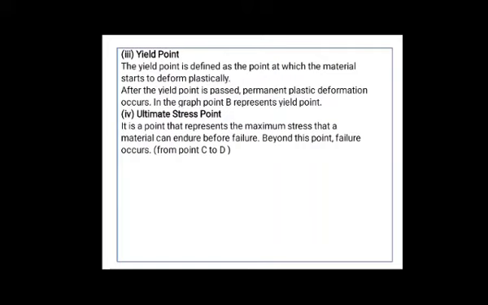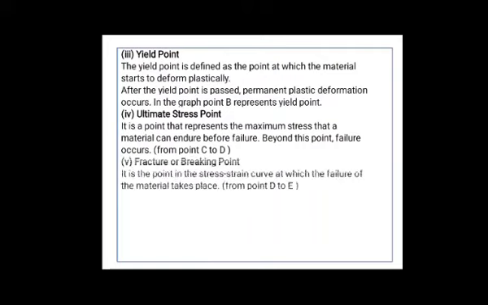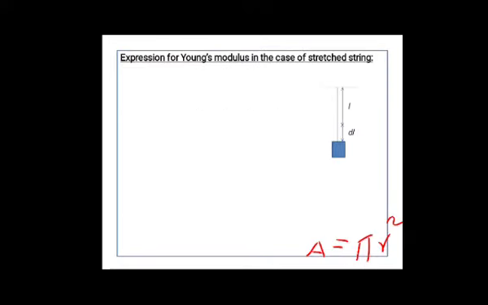Beyond this point, failure occurs, that is from point C to D. Then the fracture or breaking point is the point in the stress strain curve at which the failure of the material takes place, that is from point D to E. Okay, so this is the stress strain curve.